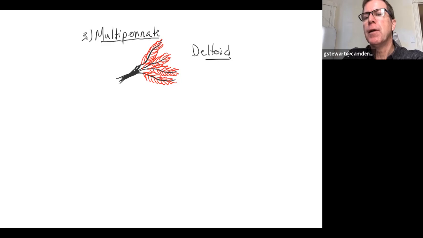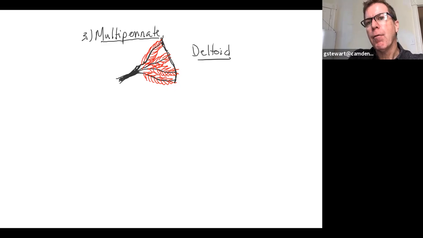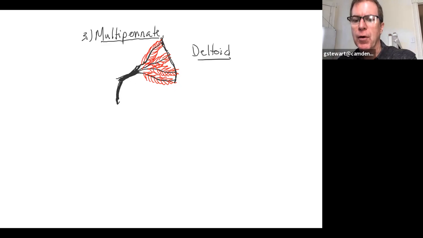The deltoid muscle, this end of the deltoid attaches to the scapula and clavicle, way on top of your shoulder. And then this really big tendon wraps and goes all the way down to the deltoid tuberosity on the diaphysis of the humerus. All right, so that describes fascicle arrangement.